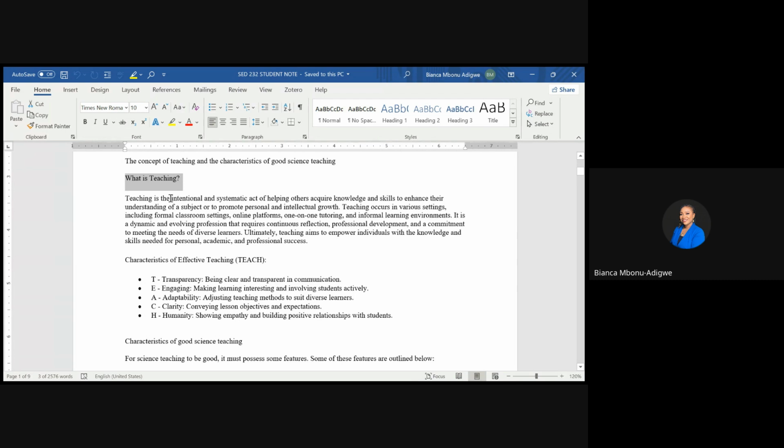So teaching is the intentional and systematic acts of helping others acquire knowledge and skills to enhance their understanding of something. That's just to enhance understanding. So it's intentional, it is systematic.